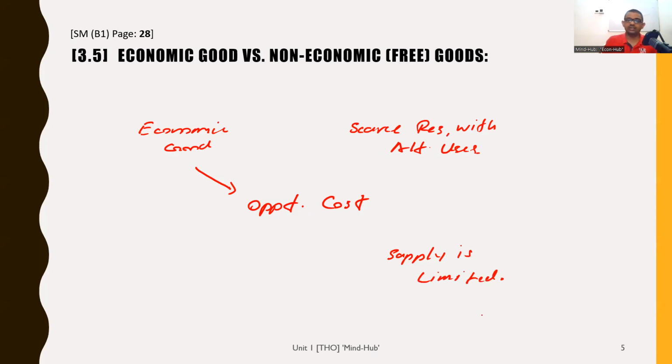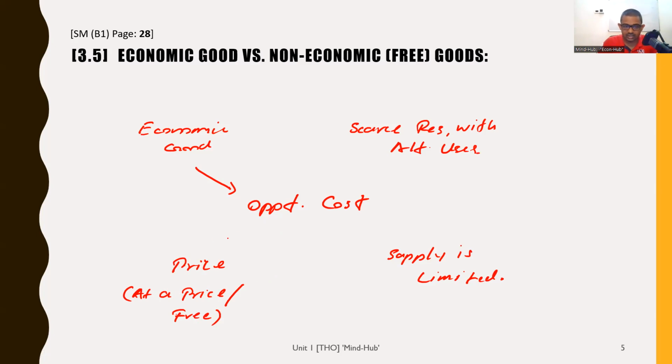And opportunity cost means we are incurring a cost. So that means economic goods have a price. Definitely there is a price. So it could be given at a price or free. Both are possible, but there is a price.